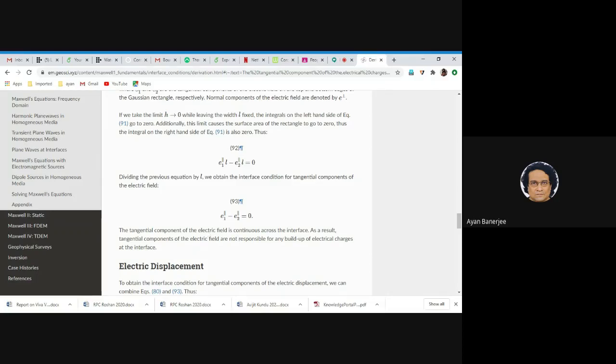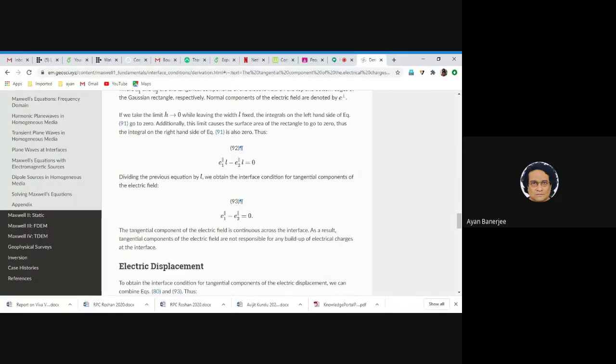Physically, you can appreciate this because I do not assume any kind of charge buildup across the interface. It is essential that the tangential component does not affect the medium on which the field is incident.